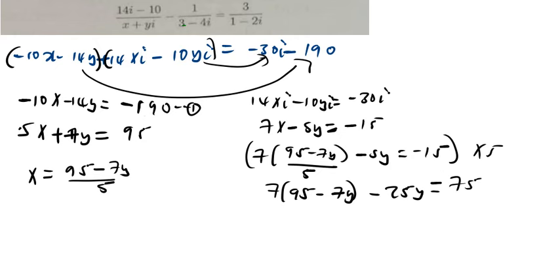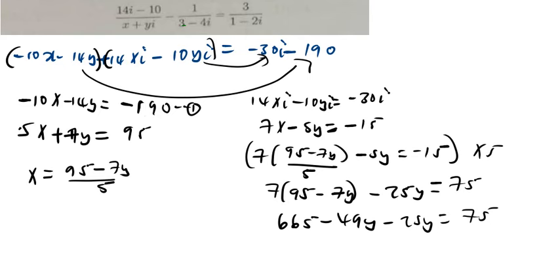Now if we check properly here, 7 times 95 should be 665. 7 times 7, 49y, minus 25y being equal to 75.